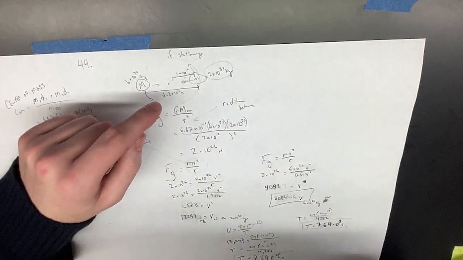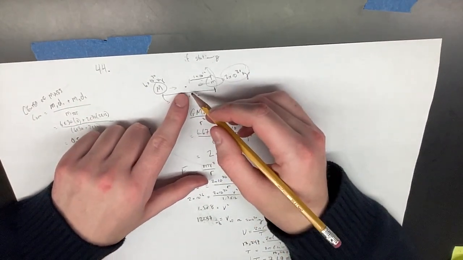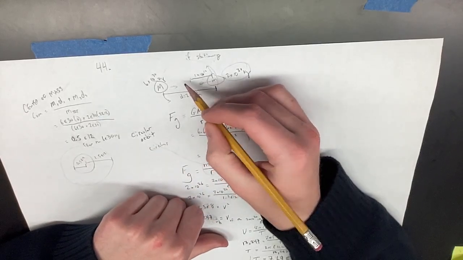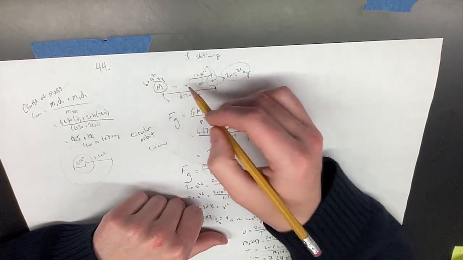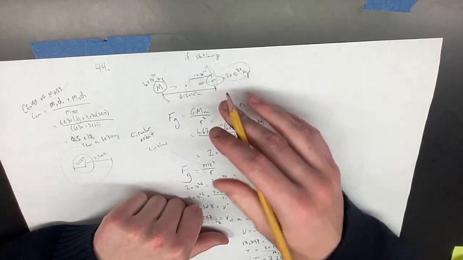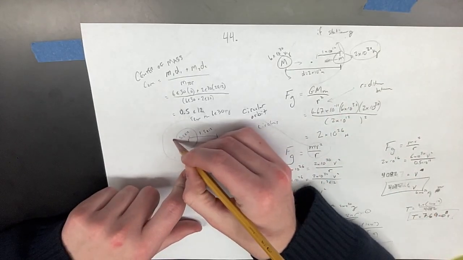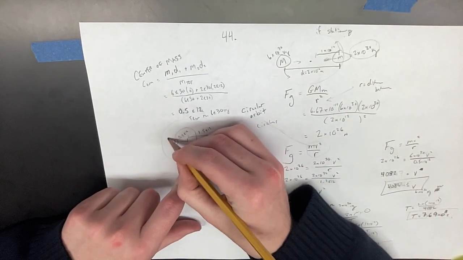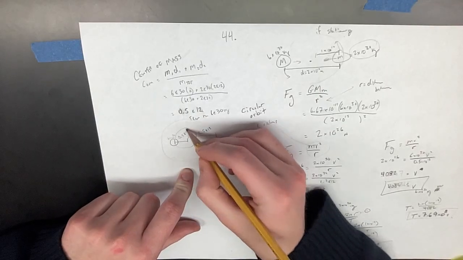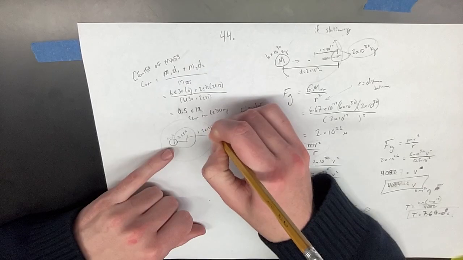Now the mistake that I made, and honestly I think I made it with you guys before in the past, is that they're each sweeping out a circle, but they're not sweeping out the same size circle. You can see from this picture that the more massive one, the 6 times 10 to the 30th, sweeps out a small circle, and the smaller one is across from it.